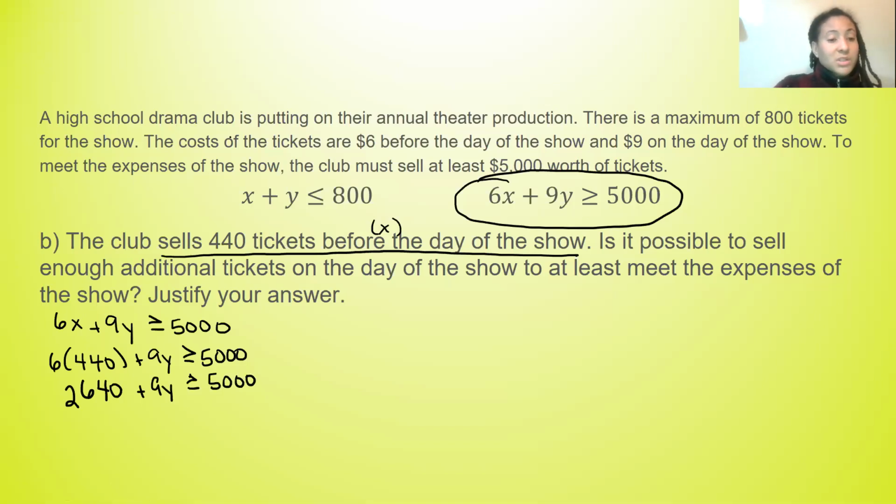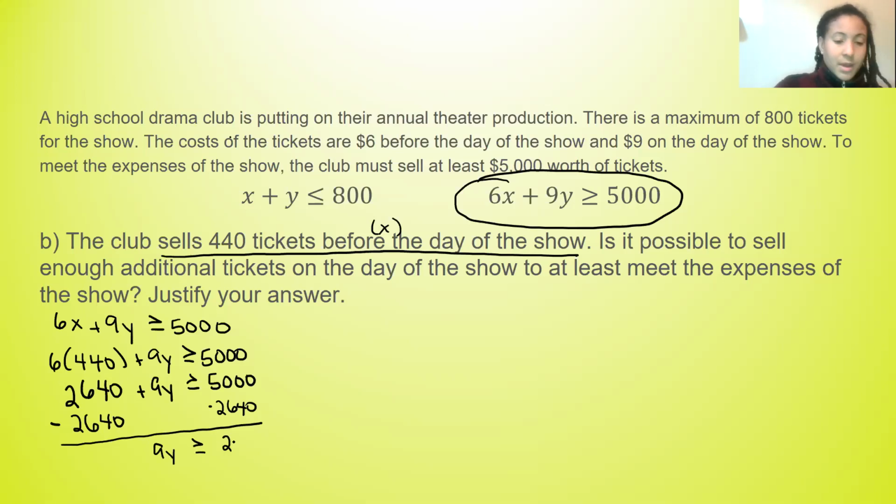From here, remember, we solve like an equation, so we want to get that y by itself. So we're going to subtract 2,640 from both sides. And we get 2,360.